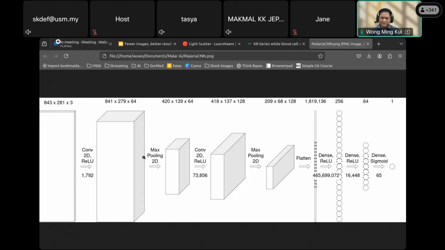In the next layer, a pooling layer, pooling is basically the averaging layer. It averages out all this data into a new form of data. After averaging, the data becomes 420 times 139 times 64.